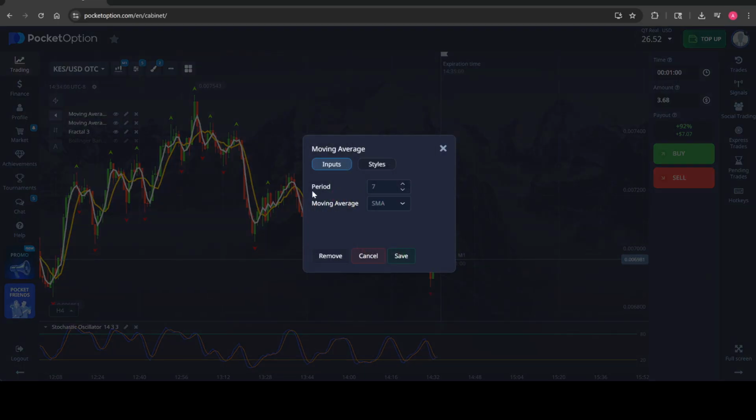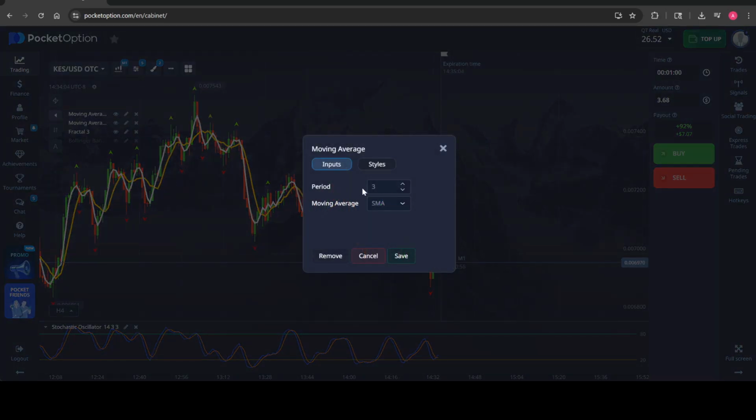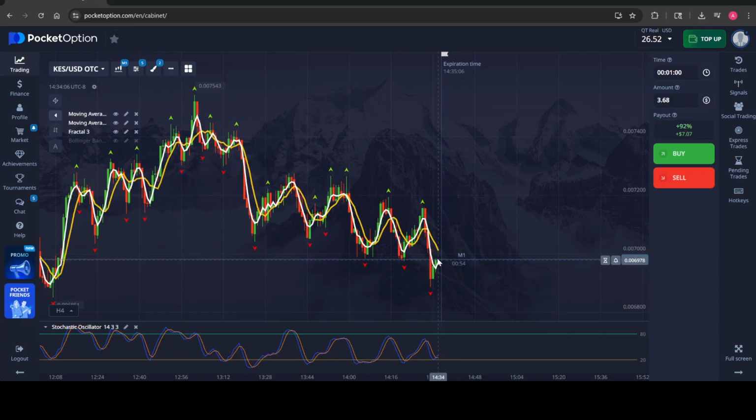One of them will be set up for a period of 7, and the other one for a period of 3. What we're really looking for is for the white to cross over either up or down, and for the fractal to print. That's basically it. It's a pretty simple strategy, so let's give it a try and see what we can do.